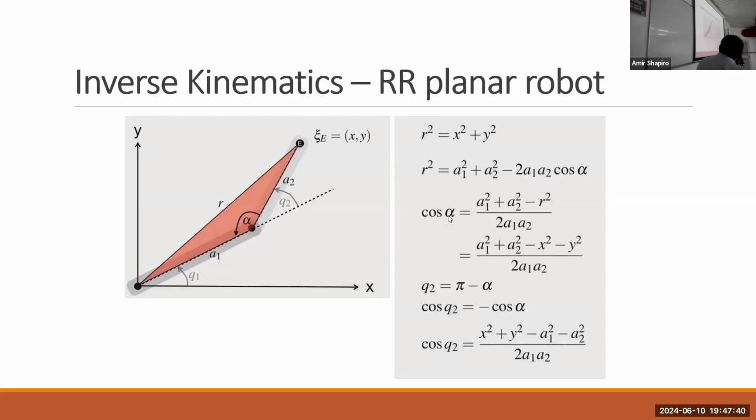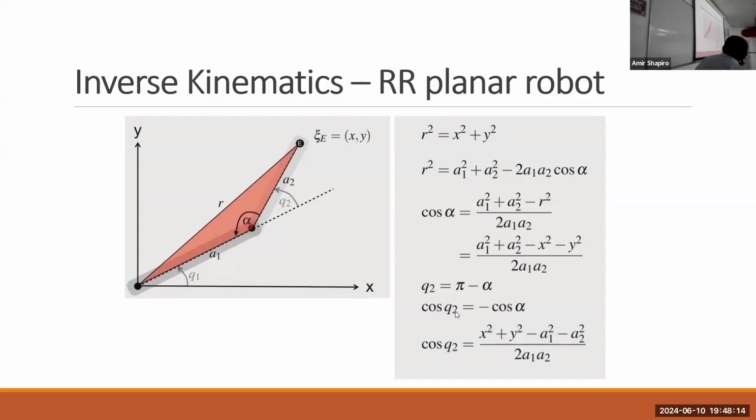As you can see here, we can compute what cosine alpha is. Cosine alpha is simply, we move those to the left and divide by 2 a1 a2. So this is the actual term of cosine alpha. And Q2 is simply pi minus alpha, as you can see here.